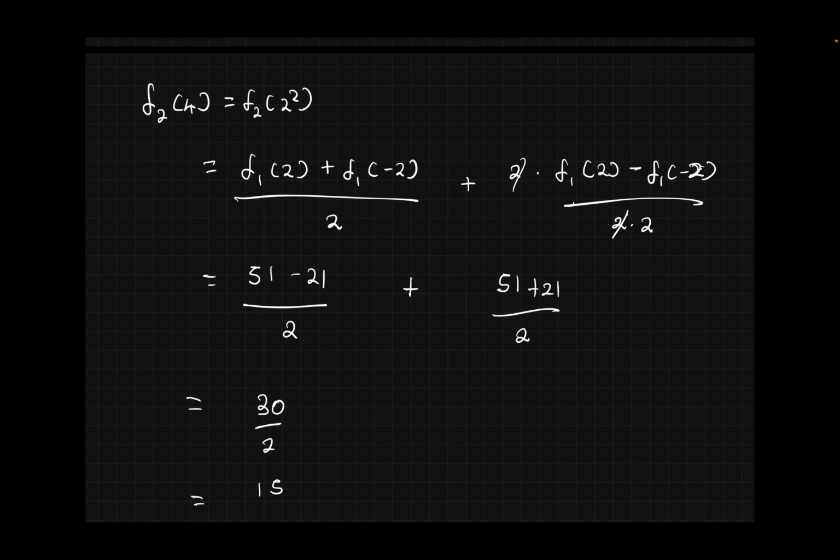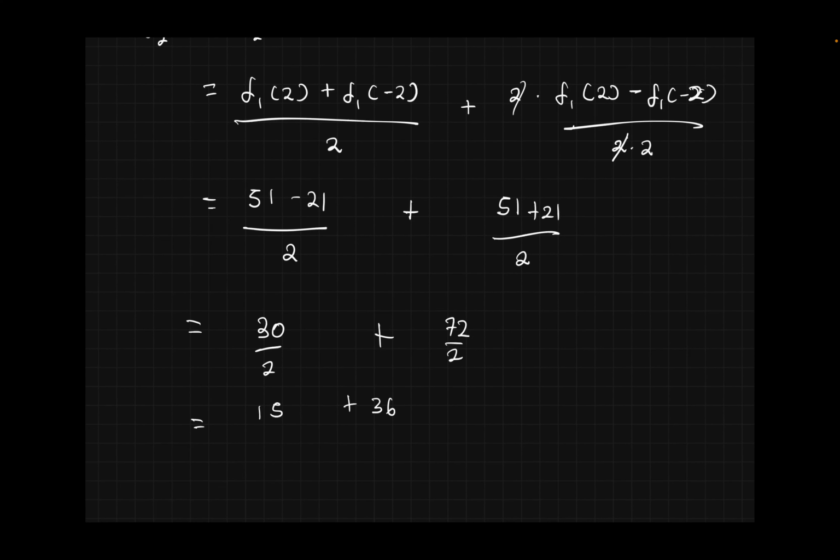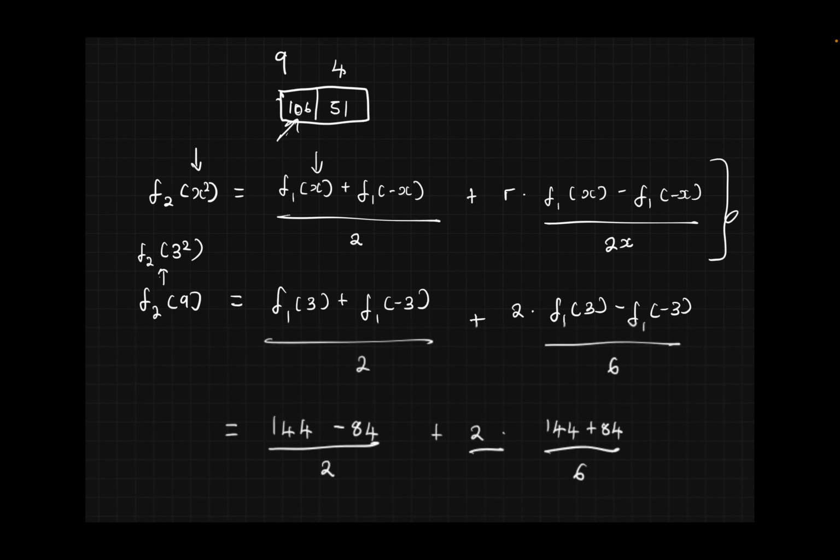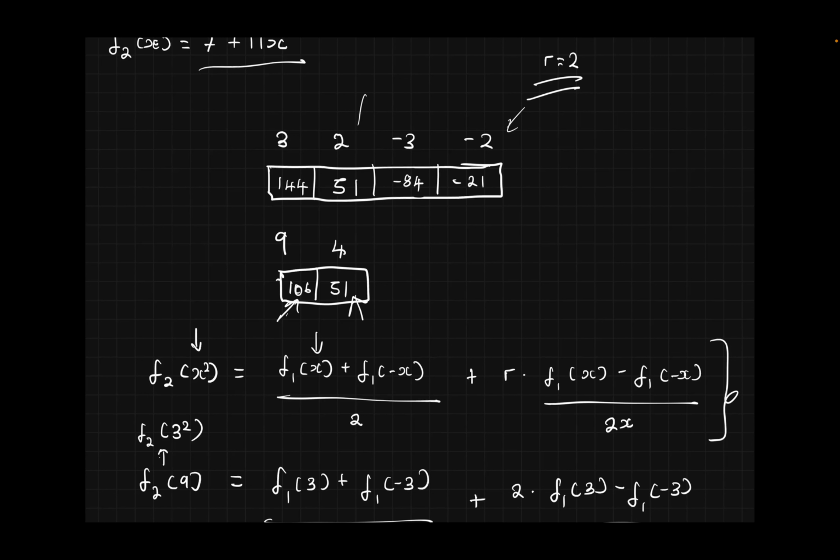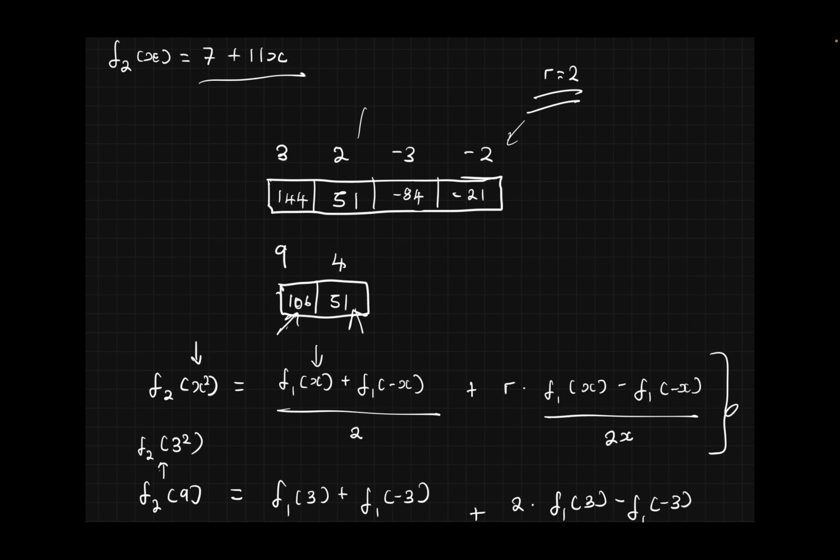Then what is 51 plus 21? 72? Over 2. What's that? That is 36. Then what's 15 plus 36? 51. And you can see that that's 51 also. Is it making sense? So what the consistency check is now this.